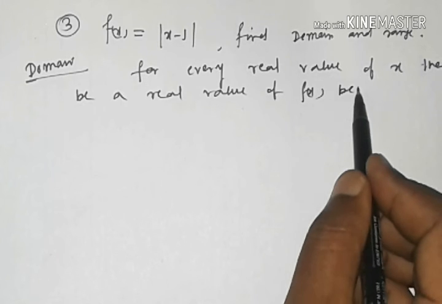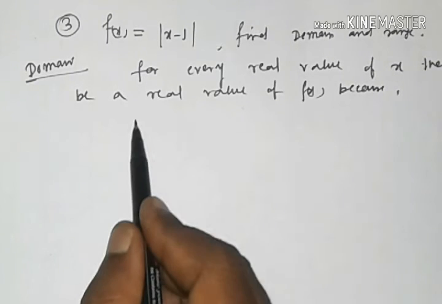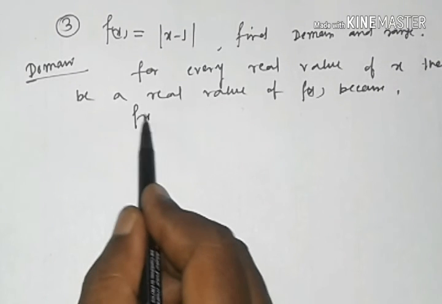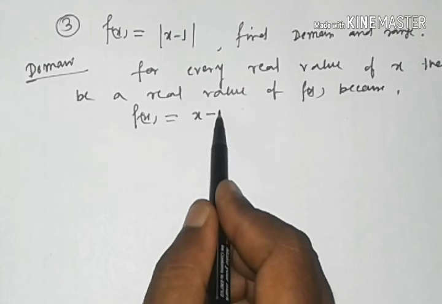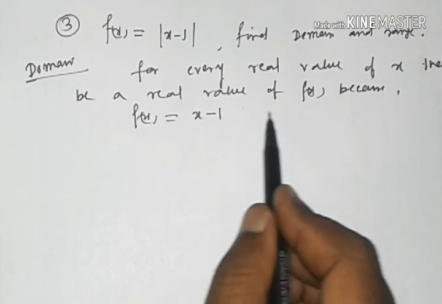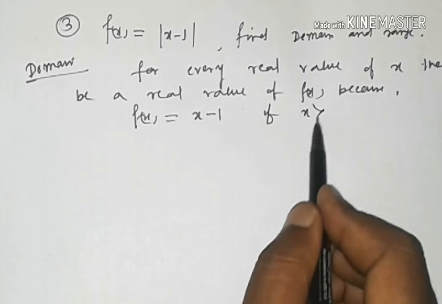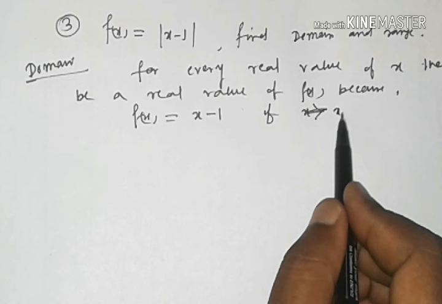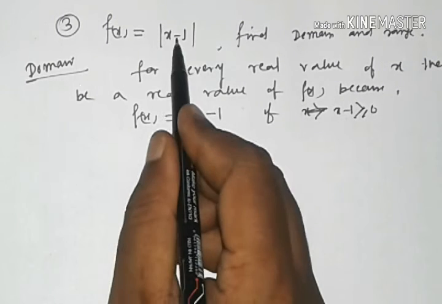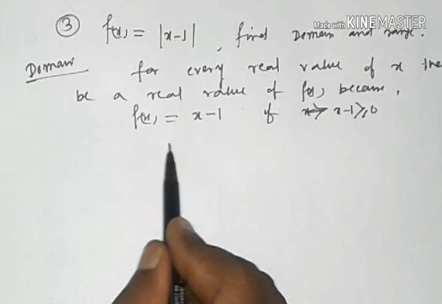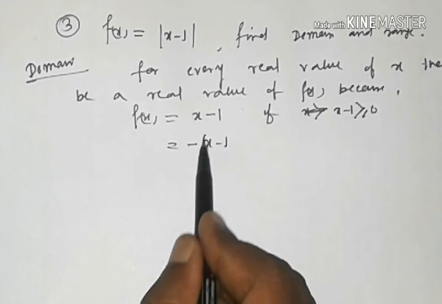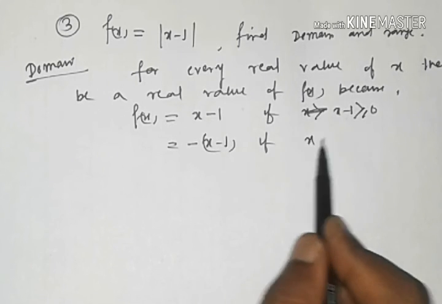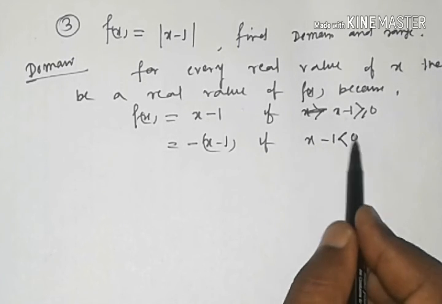Because we can write f(x) = x - 1 if x - 1 is greater than or equal to 0, and we divide it into two parts, -(x - 1) if x - 1 is less than 0.